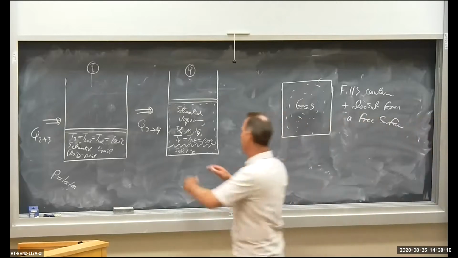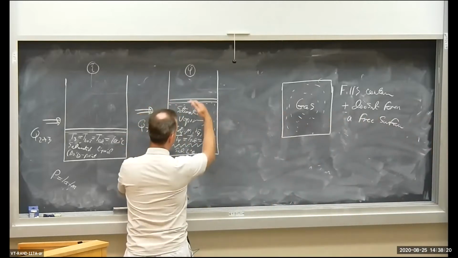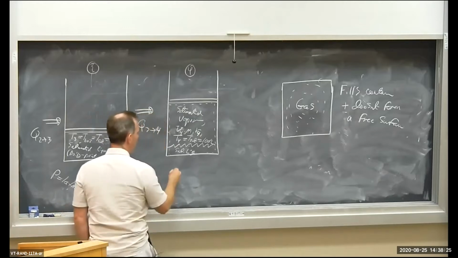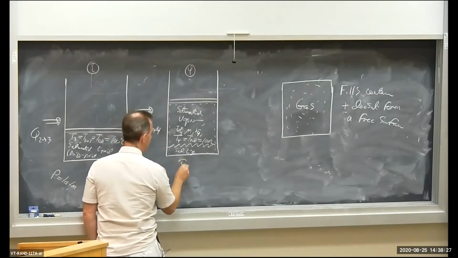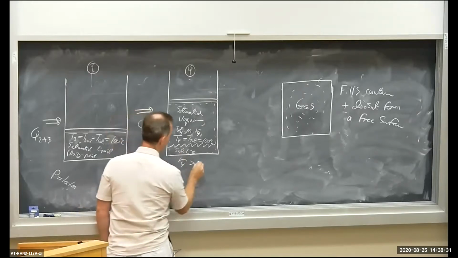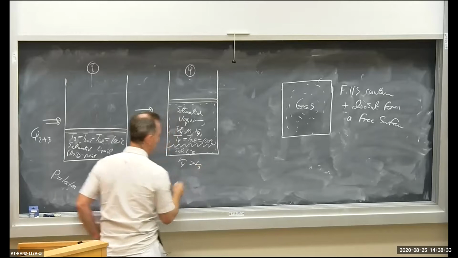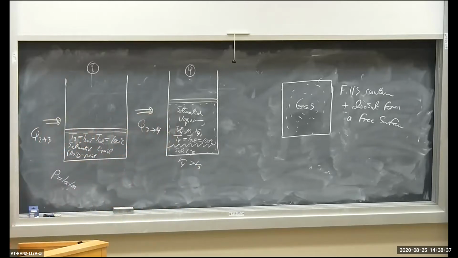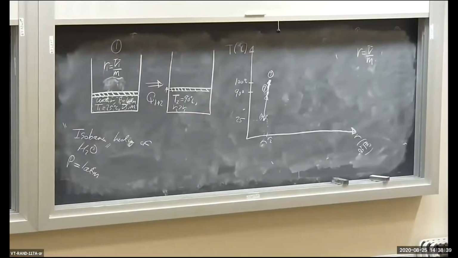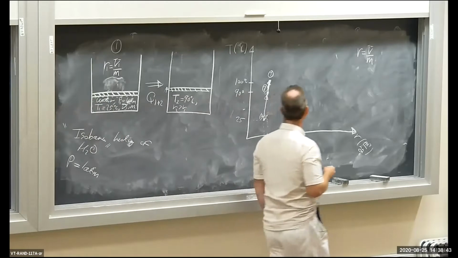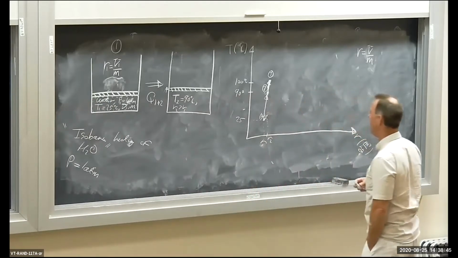Now, the volume has gone up clearly because we boiled some of the liquid away. So note, specific volume at state 4 is greater than the specific volume at state 3 because it's expanded and we boiled away some of the liquid. So let's put this state 4 on the temperature volume diagram.